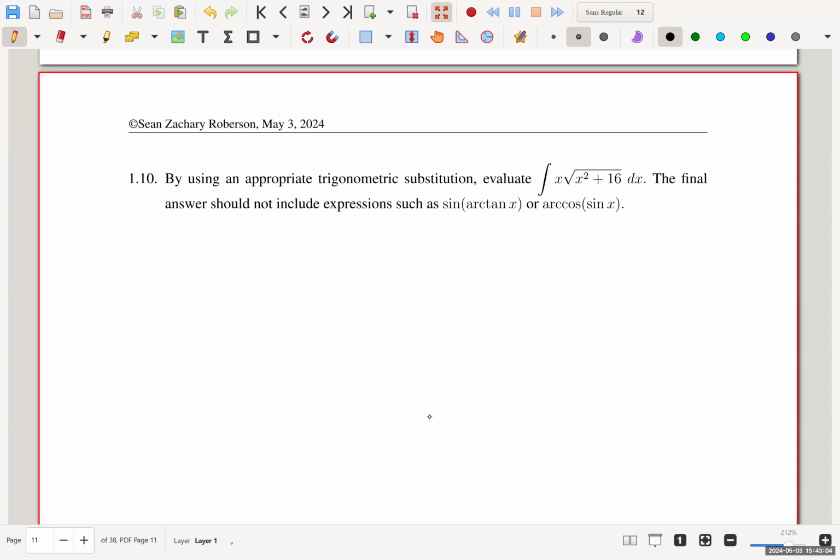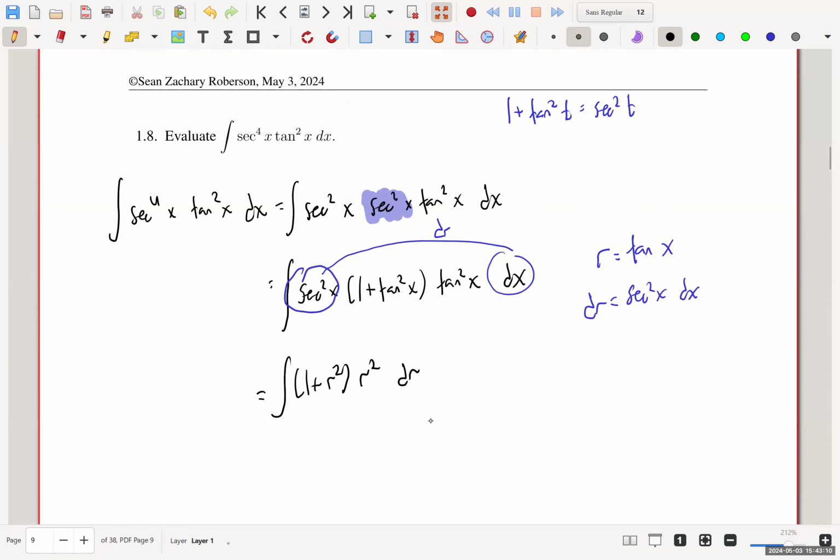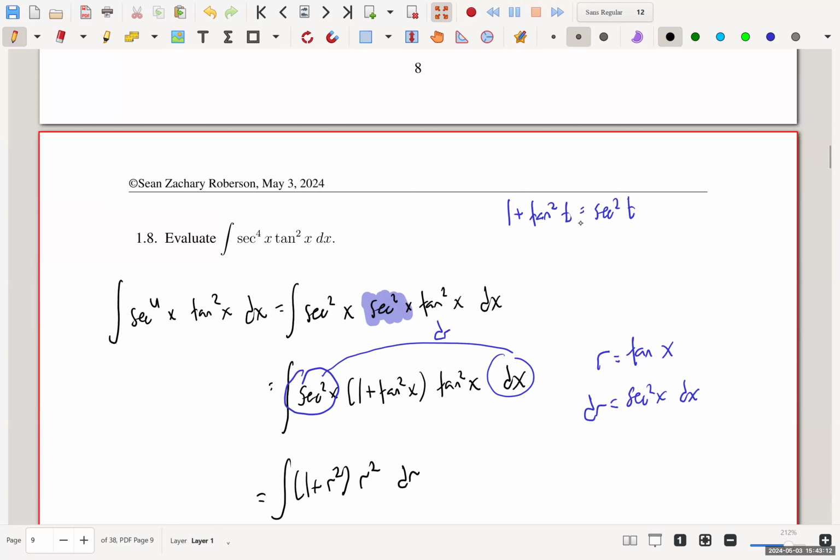We have a sum of squares. Think back to that identity we just had before. 1 plus tangent squared equals secant squared. Doesn't that look like what we had in our integrand? Something squared plus something squared, right? That motivates the identity to use. A lot of people have asked me, Sean, how do I figure out which substitution to use?